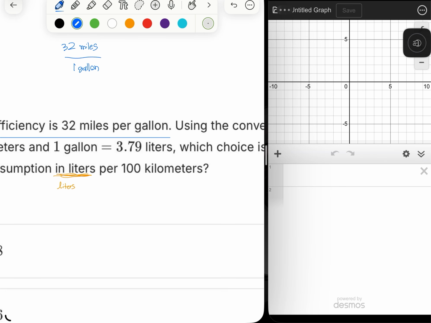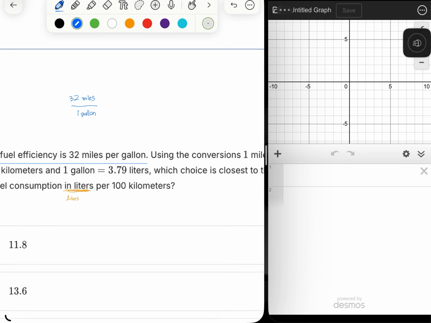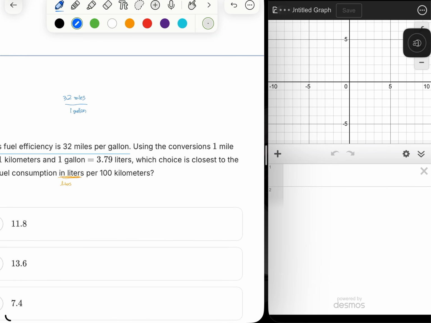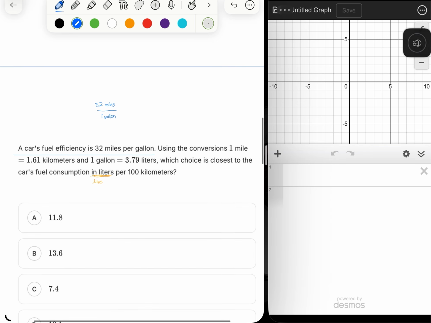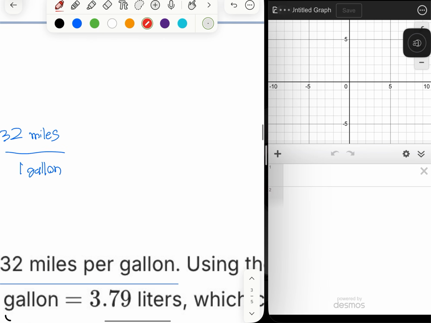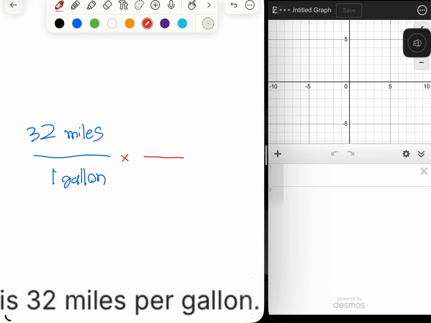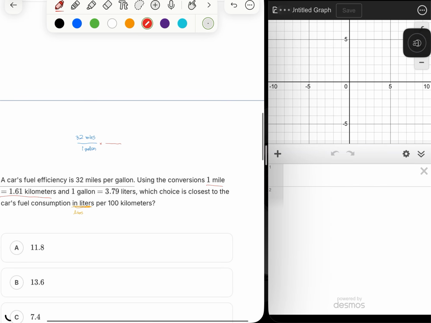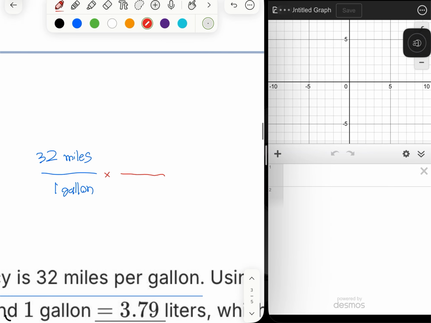What I mean by that is, use the conversions that they give us. So, for example, they tell us that 1 mile equals 1.61 kilometers. Well, let's use that conversion. So then you multiply this, and because 1 mile equals 1.61 kilometers, I'm just going to write km on top and the 1 mile on the bottom.